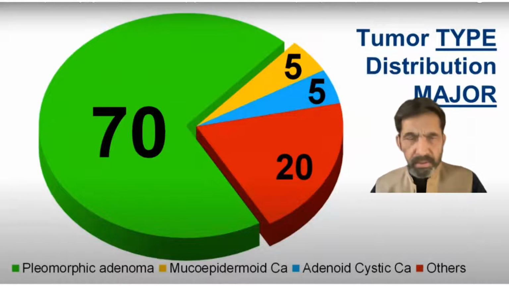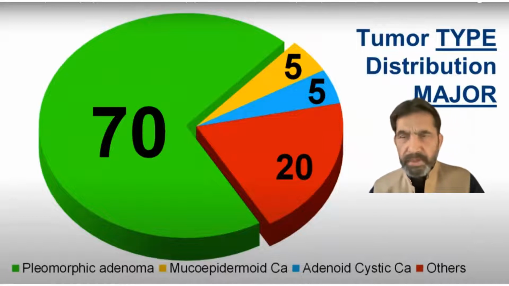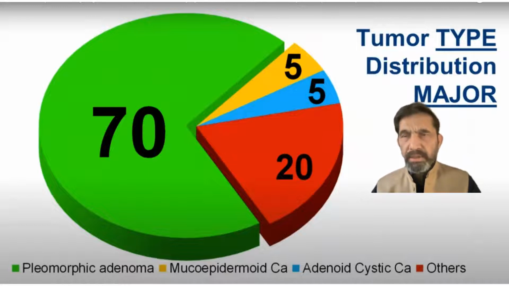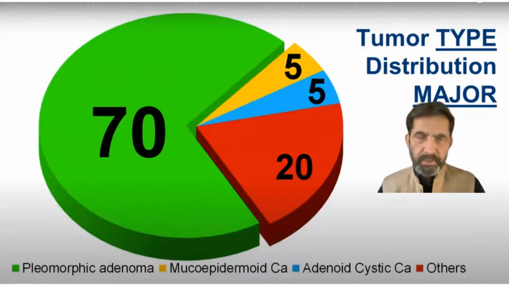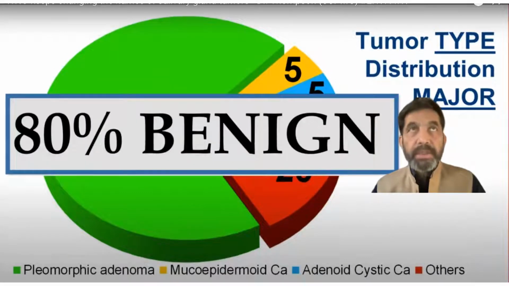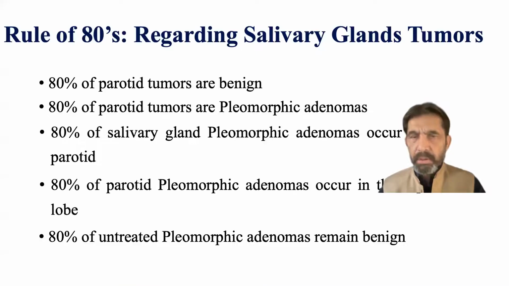In Pakistan, we are seeing the same ratio. One of my students has done research with almost similar results, consistent with the WHO and other areas. But the very important thing is that 80% of the tumors are benign, the pleomorphic adenoma.